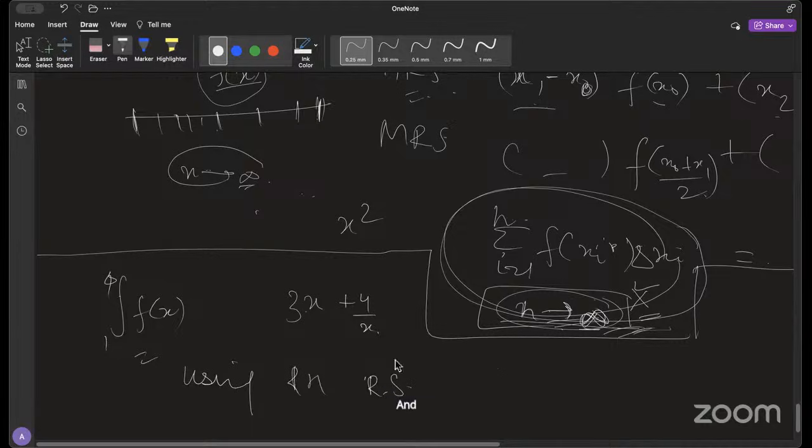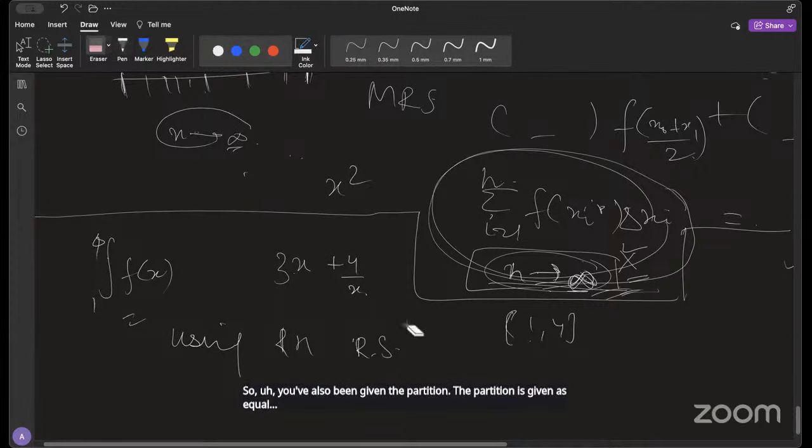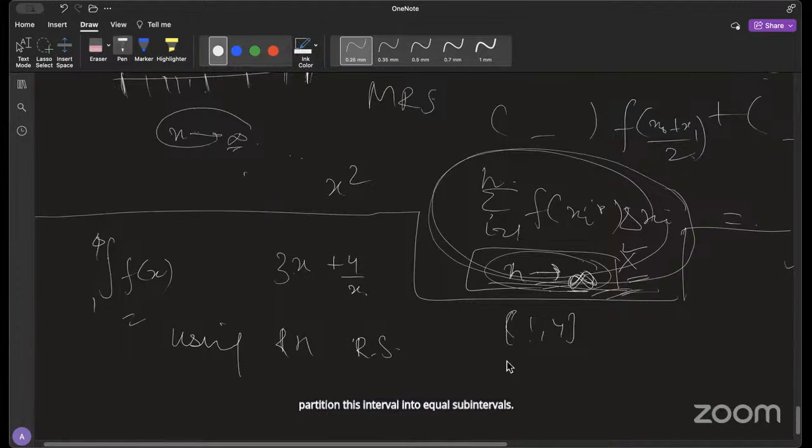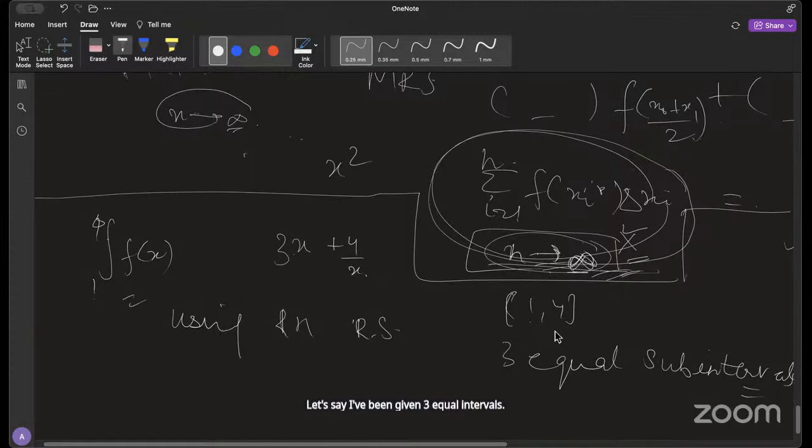And because your interval is 1 to 4, you've also been given the partition. The partition is given as: partition this interval into equal subintervals. So let's say you've been given 3 equal intervals to divide this into.